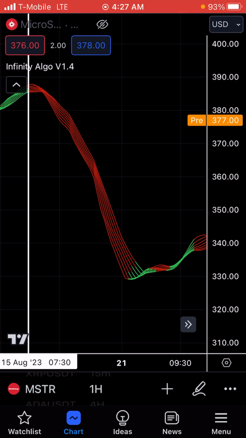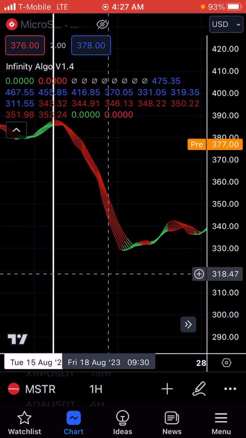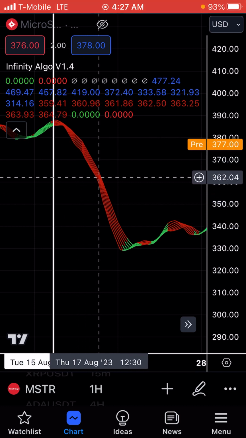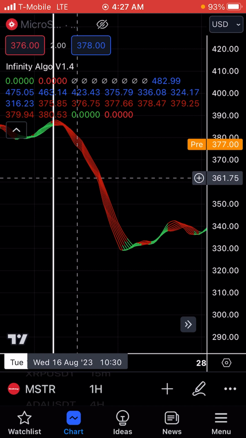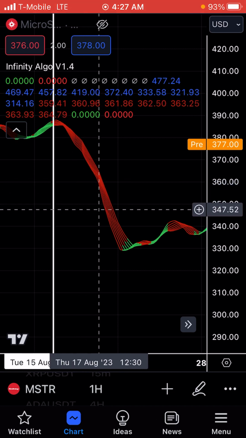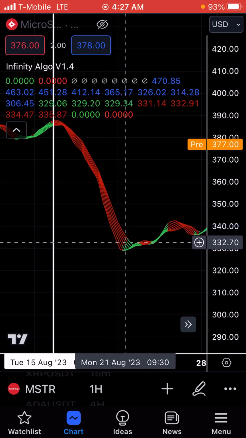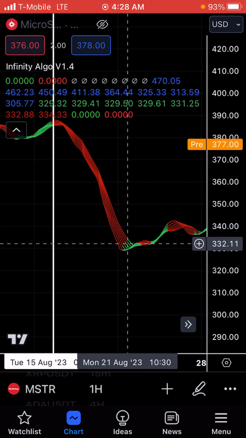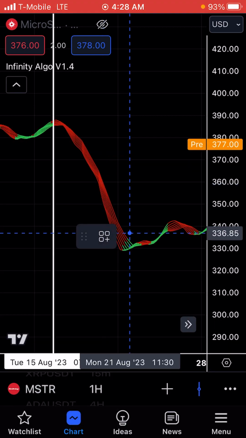I probably wouldn't hold this over for another day because you risk a lot, but I'm just doing this for demonstration purposes. I usually don't hold it over past a day. I look for signals and then I get in and out, but for everybody else might be different. You see it gets green right about here. And draw our line right here.